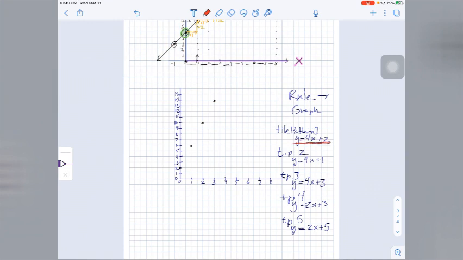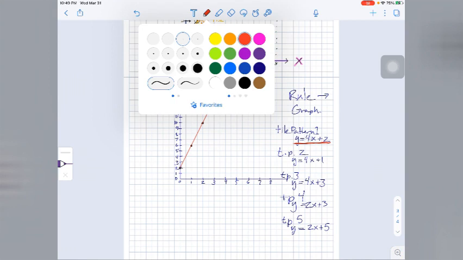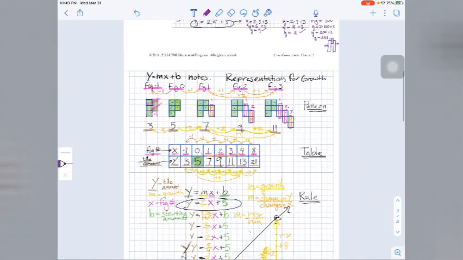We're going to go with red. Tile pattern 1 is red, and I am going to go ahead and draw a line. Now I can see a trend, and I'm just going to draw my line through that. Okay, and then tile pattern 2, let's see, we'll use purple.